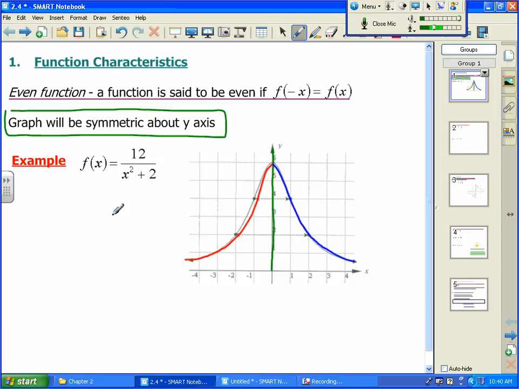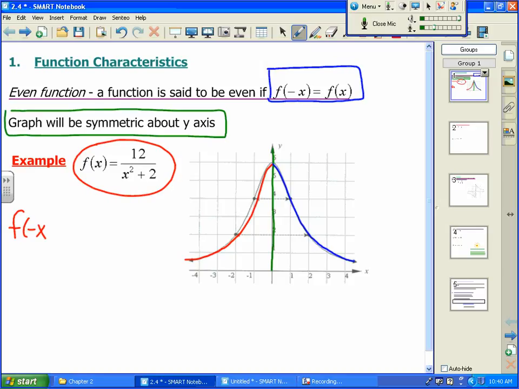Another way is what we talked about a few seconds ago, using direct substitution. We know f of x is equal to that. Now let's find what f of negative x is. Wherever I see x, I'm going to plug in negative x. I'll do some simplifying here.